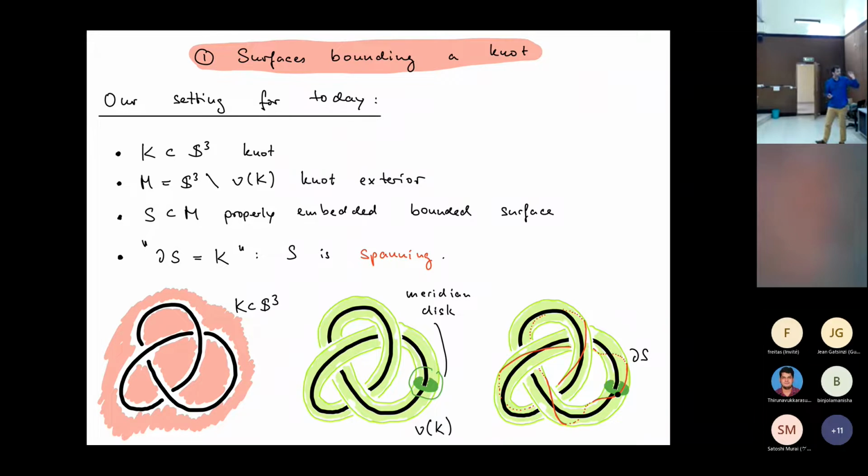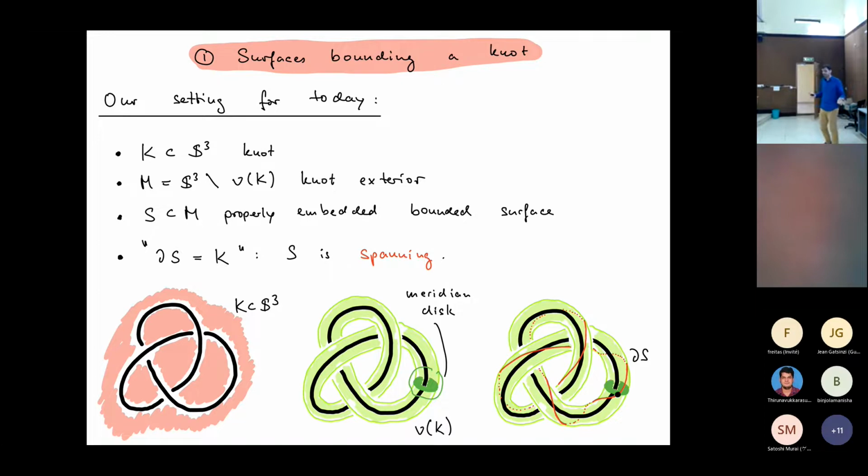So the setting for today, which is a more specific setting than in the paper we wrote about that, right? We don't just look at knot complements, but here let's just focus on knot complements because they're really nice and easy to understand. So we have a knot K, which is an embedding of the circle in the three sphere. And we take this knot and remove a little neighborhood of it, a solid torus, out of the manifold, and then we get a three-dimensional manifold with a torus boundary, right?